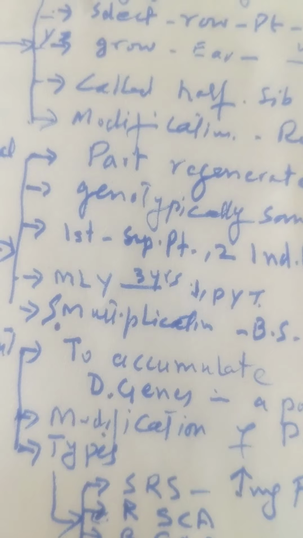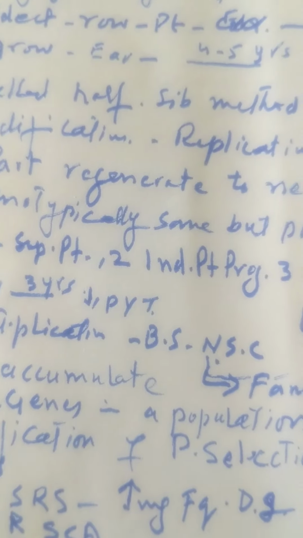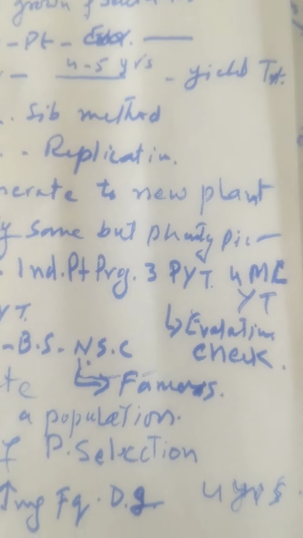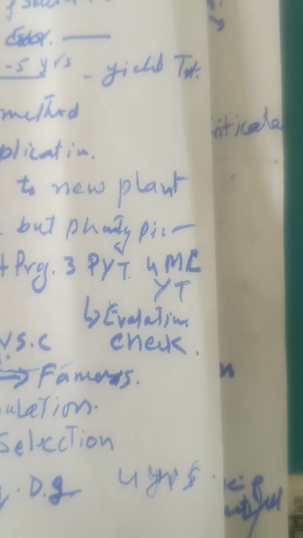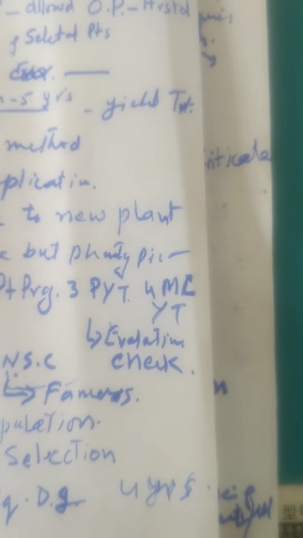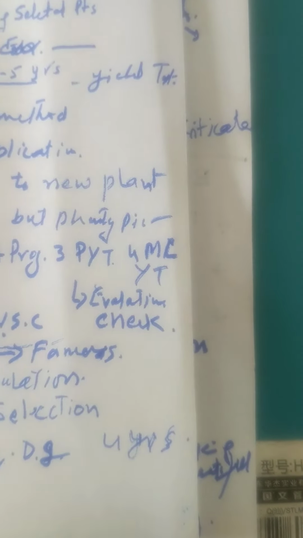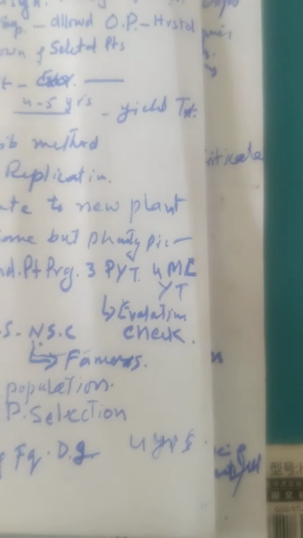In the first year, superior plants are selected. In the second year, individual plant progenies are selected, and in the third year a preliminary yield trial is done with evaluation against a check variety.